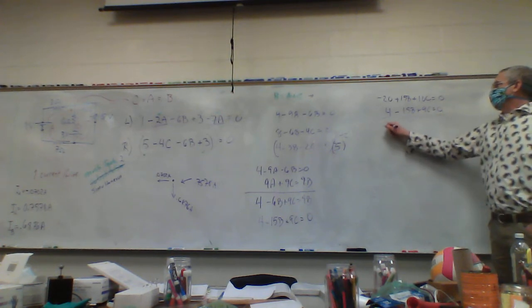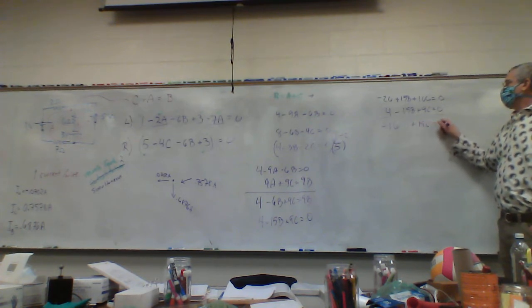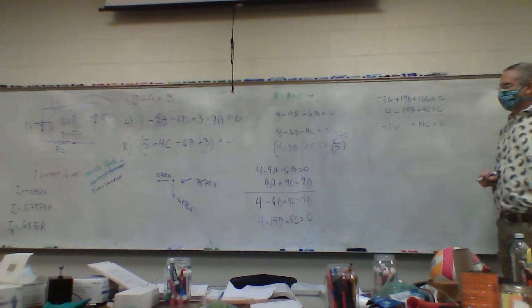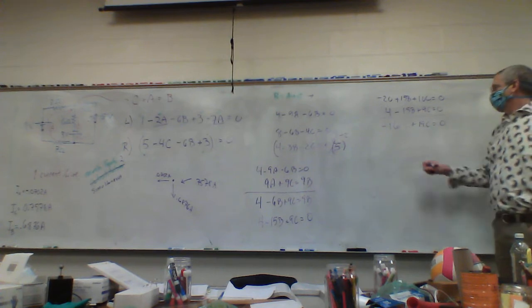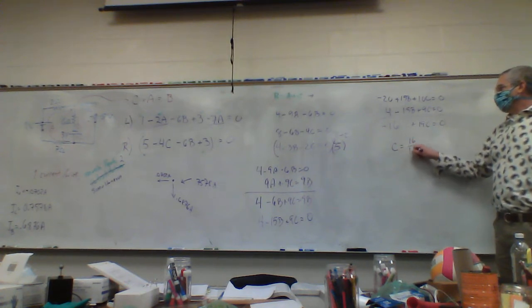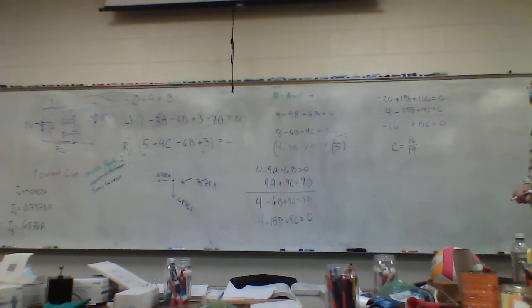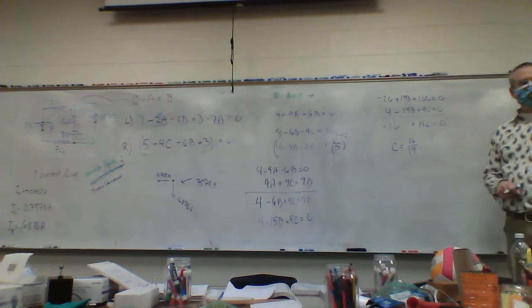And so I get negative 16 plus 19C equals 0. And so C is equal to 16/19, which I hope is 0.7578.